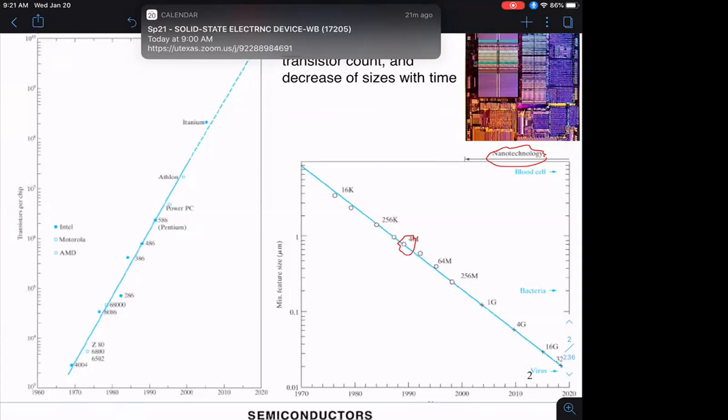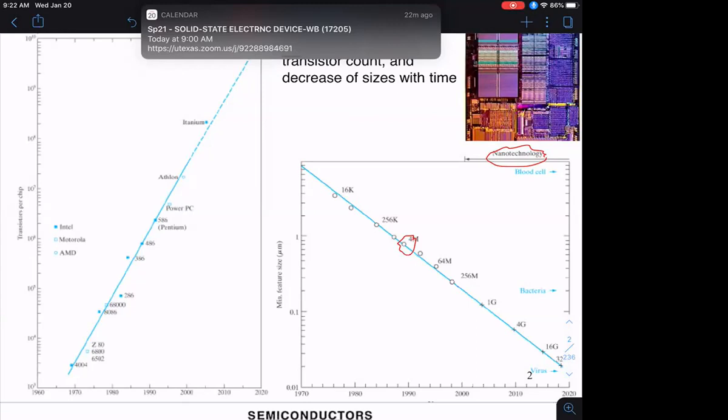I guess it'll be interesting to plot the coronavirus on this chart and see what the length scale is of the coronavirus. Now, on the top right-hand side, I show a photograph of an Intel microprocessor chip where you remove the top cover. And if you look at it, you can clearly see different colors on the chip, right? Now, that's not because Intel Corporation made the chip and then painted certain regions purple or blue or whatever.